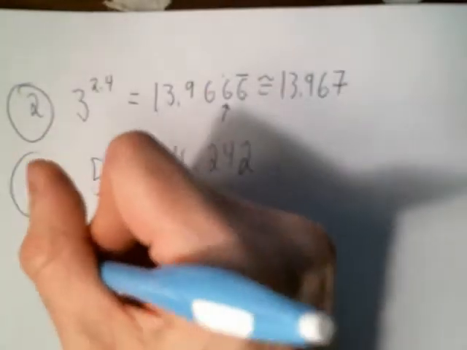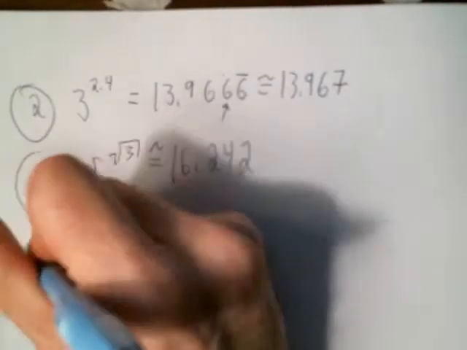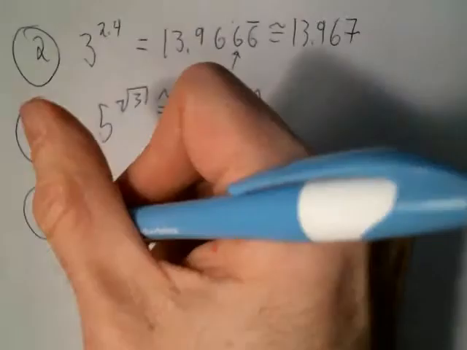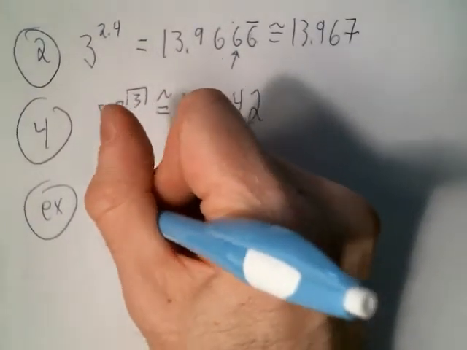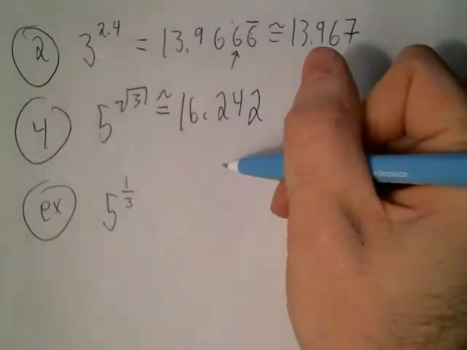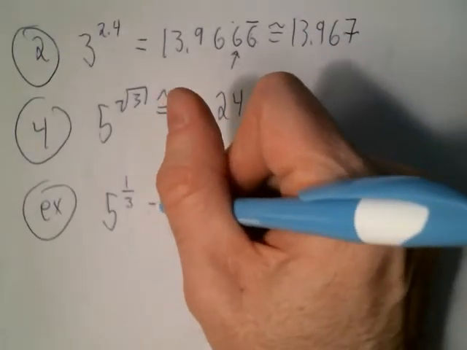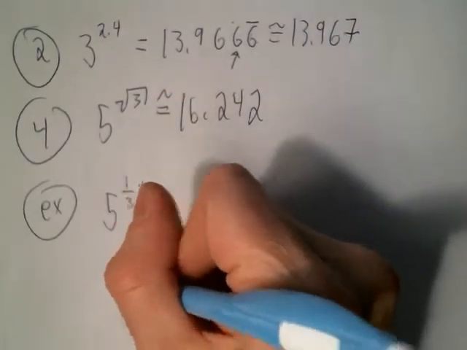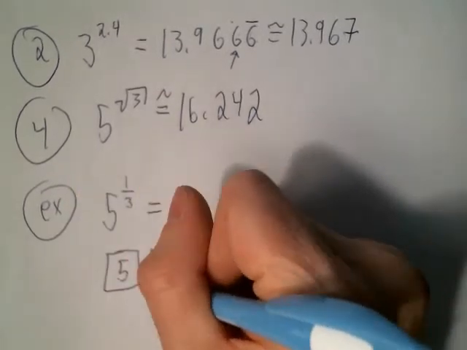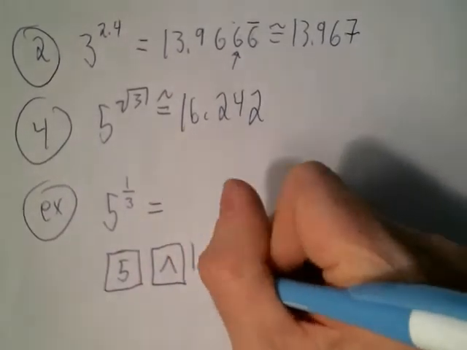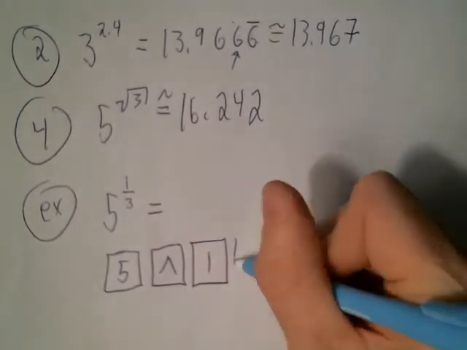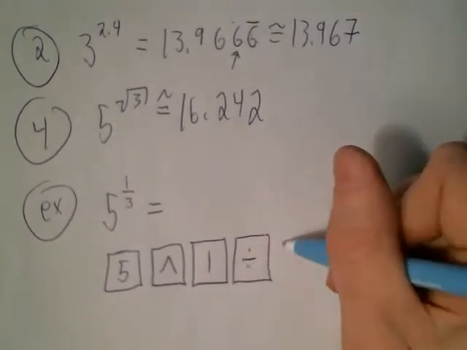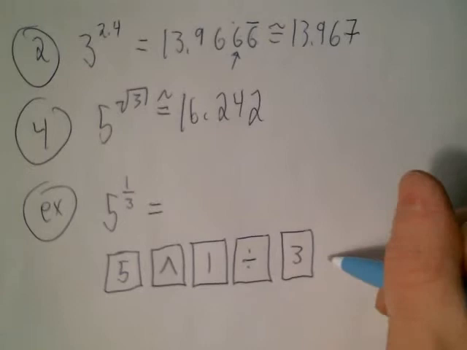Okay, so one example where you have to use parentheses is something like 5 to the 1/3. If I want to figure that out in my calculator, I'd type 5, then my caret key, then 1, then divide, then 3, and then end.